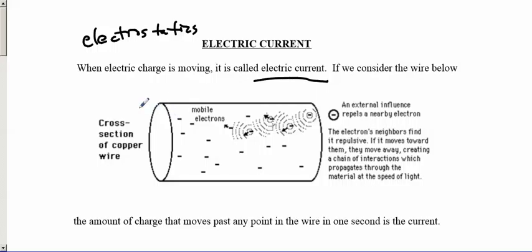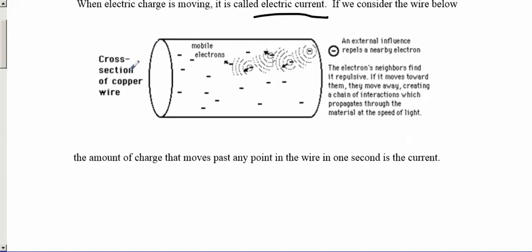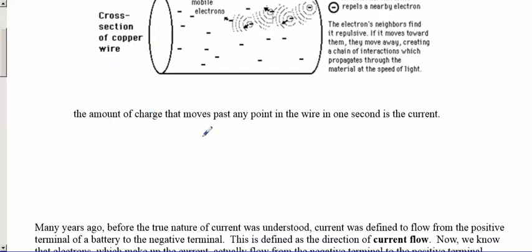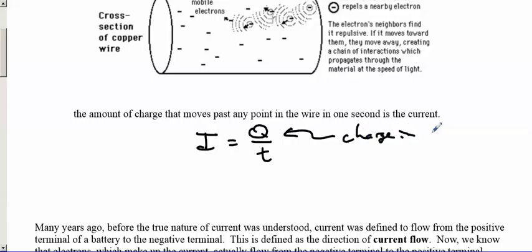The number of electrons that move past any point in the wire, like maybe this point right here, each second is called current. So we have current is equal to the amount of charge that moves by each second. And this is charge in coulombs, and that's a capital C. Time, and we want that as usual in physics in seconds, and this is current.